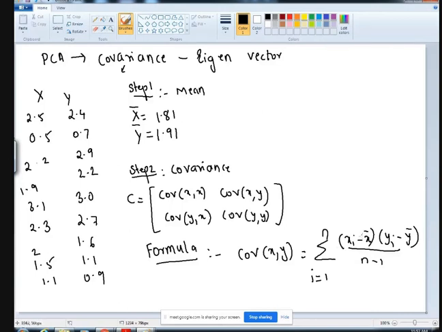Similarly, y is any instance that we are going to consider, and y bar is the mean. And your n indicates the number of rows that you have in a data set. In this case, you have 10 rows. So accordingly, this will be 10 minus 1, which will be equal to 9.